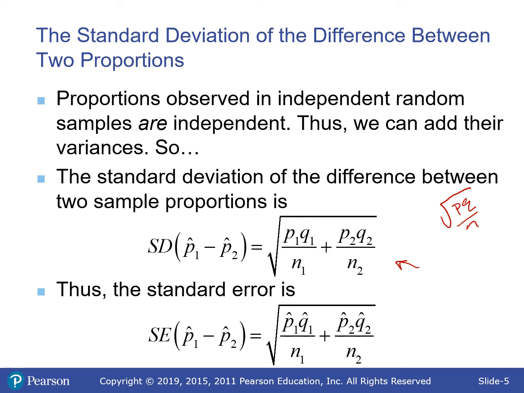And notice we have the one for the first sample plus the one for the second sample. And then the standard error, same thing, except we use p hat and q hat because the standard error is based off of the sample that we got, because we don't always know the population proportion. In fact, we don't generally know the population proportion.